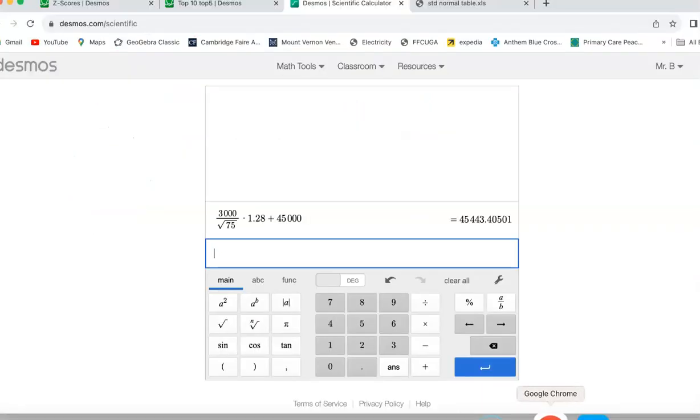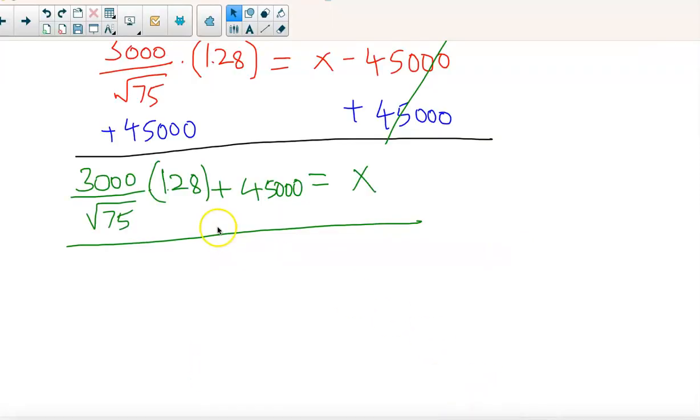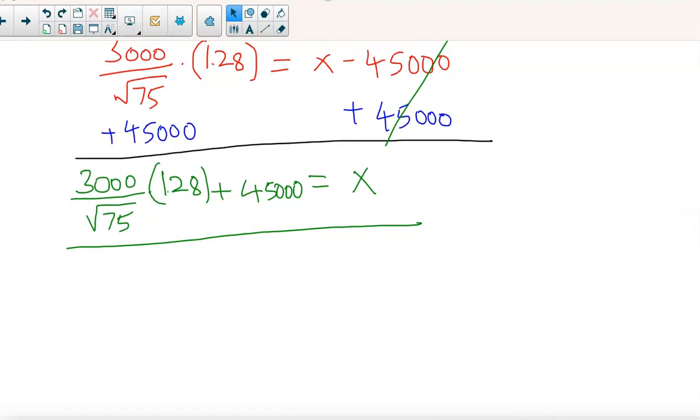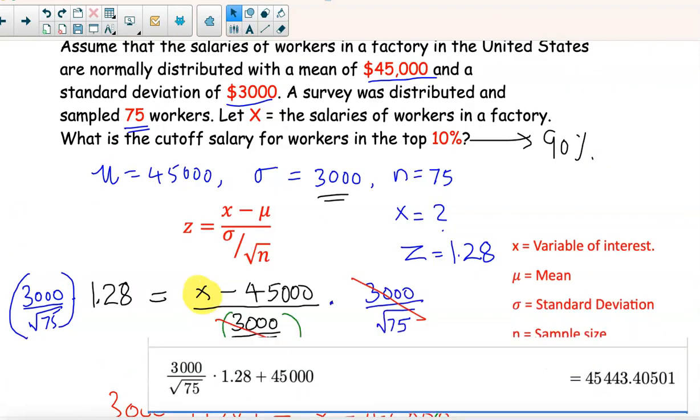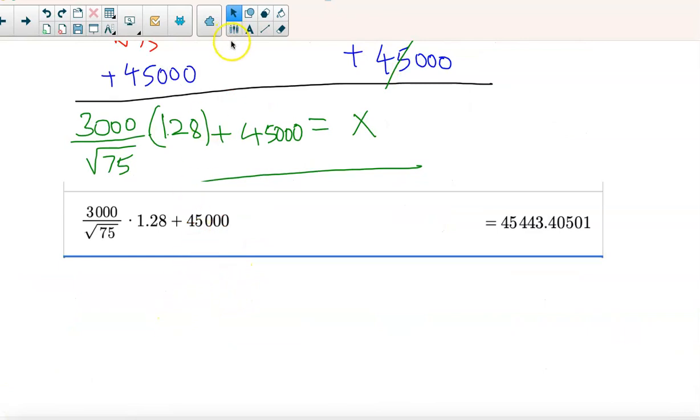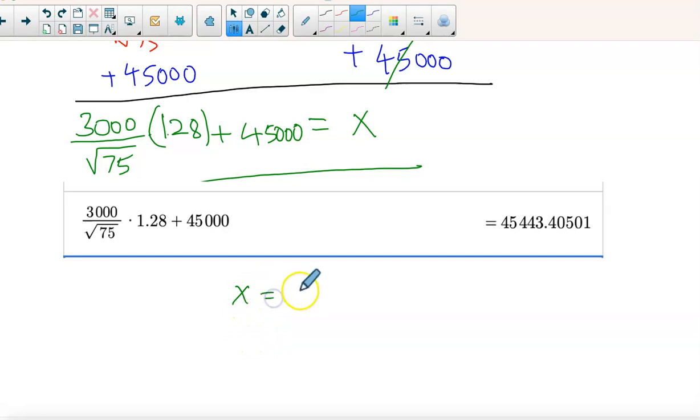So let me just snip it. Alright, so this is what you have. Now the value of x is equal to $45,433.